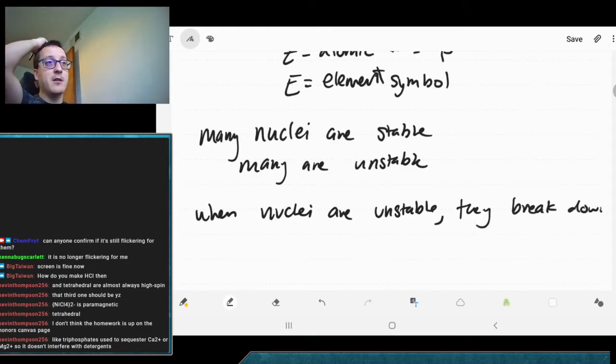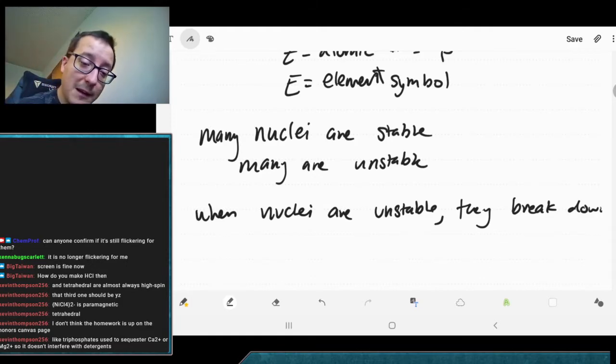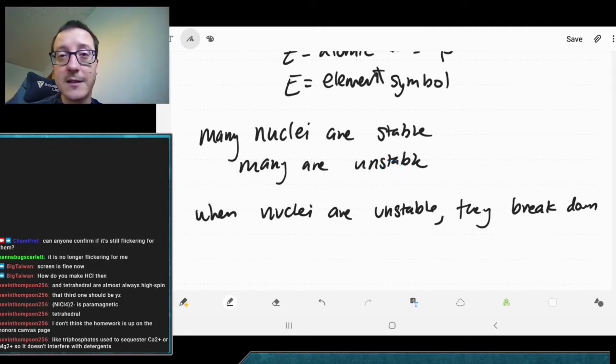And this will happen in a number of ways. So they can break down spontaneously by themselves, or they can be ready to be broken down by something else. But suffice it to say that when they're unstable, they can break down. If a nucleus is stable, it will not break down. We'll learn to predict the stability of nuclei in a little bit. But suffice it to say, there are a number of ways that nuclei can become more stable.